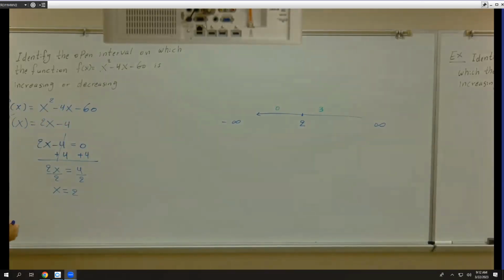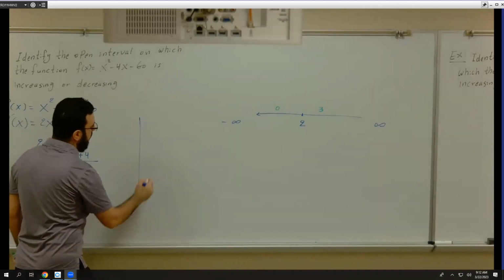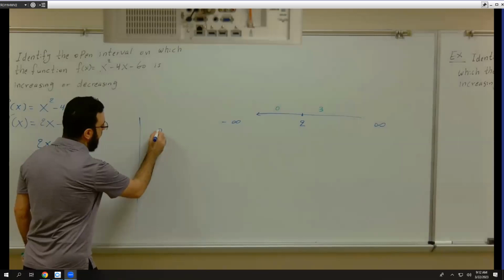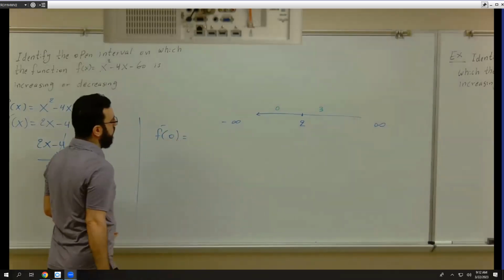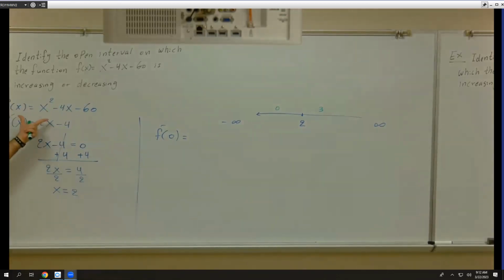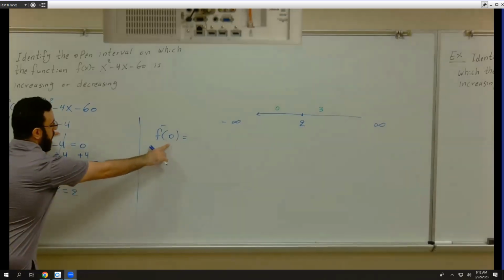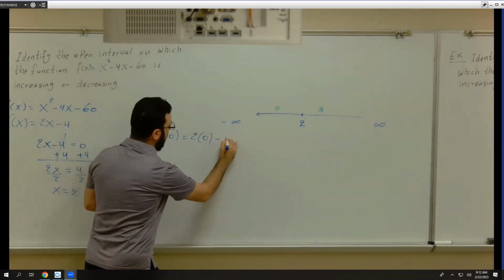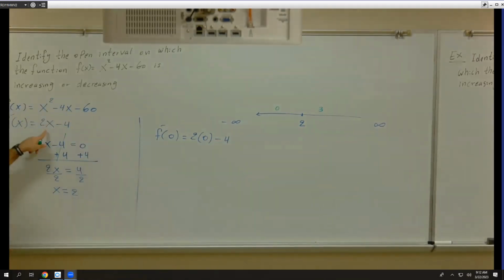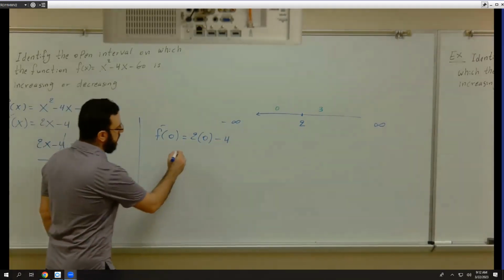Let's do the first derivative test. F prime of 0 is going to be equal to, we're going to plug in here because we need to check the derivative. So I'm going to plug in 0. Here's my derivative: it's going to be 2 times 0 minus 4. 2 times 0 is 0.